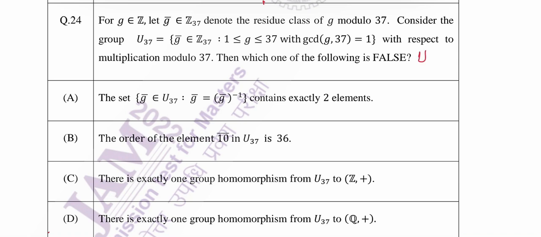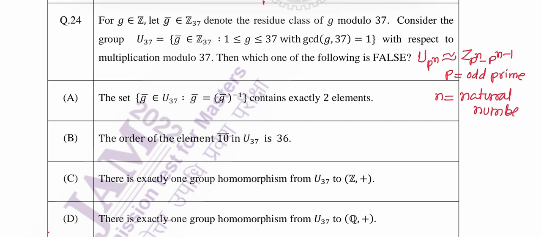U(t^n) is isomorphic to Z_{p^n - p^(n-1)}, where p is an odd prime and n is a natural number.